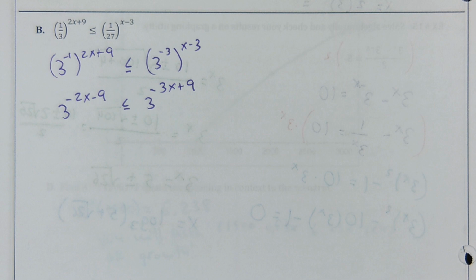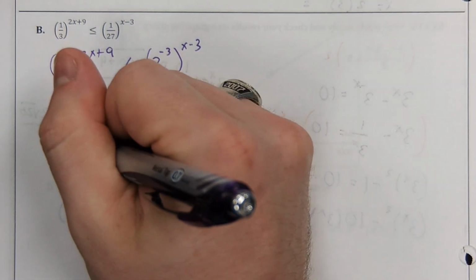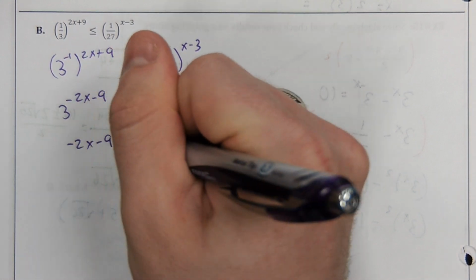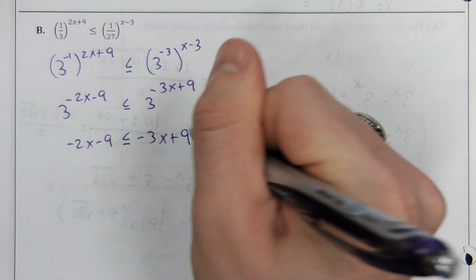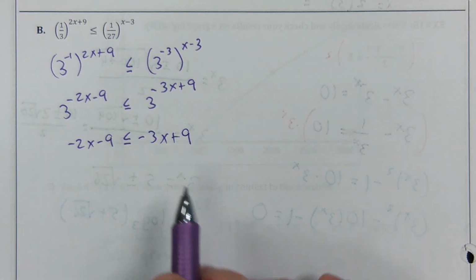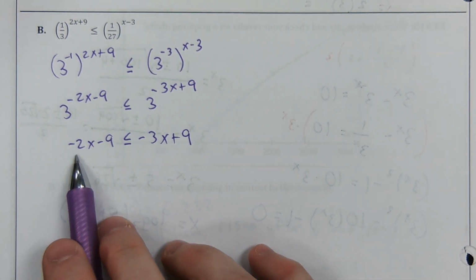And because we have exponential base 3 on both sides, which is greater than 1, we could use log base 3 of both sides, cancel both of those 3s, leaving us just the exponents. If you add 3x, you get positive x.